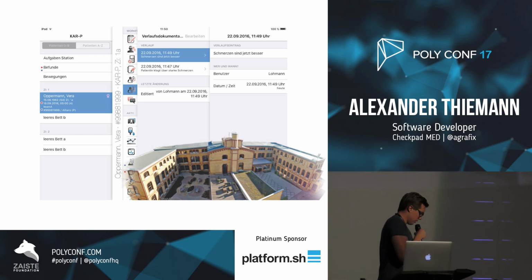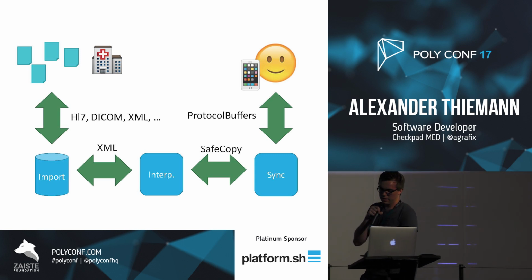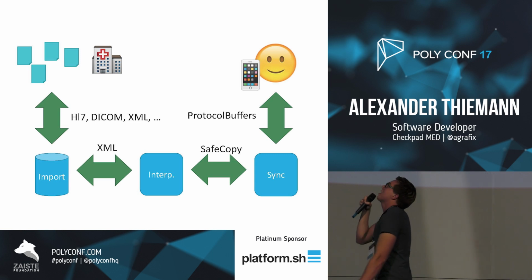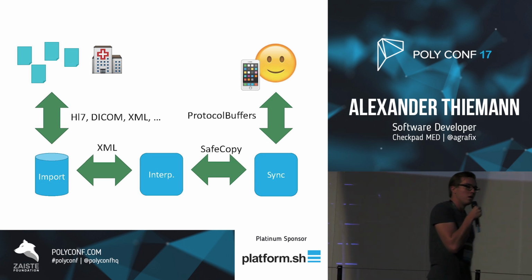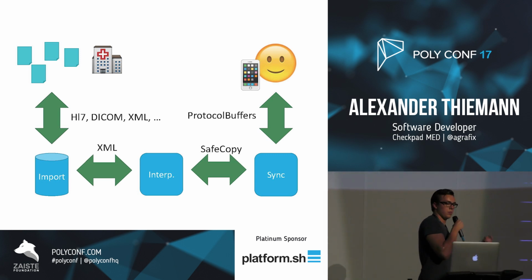And we do a lot of data integration work, and basically this is a simplified version of a pipeline. I see the emojis are not working here, but anyway. On the top left-hand side, you see the documents that come from the hospital, right?